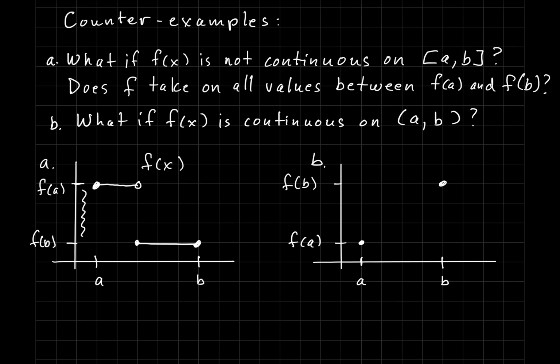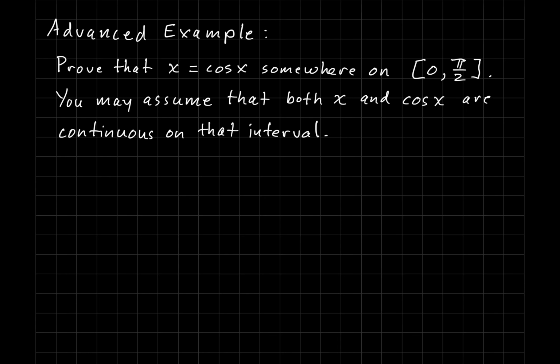Let's take a look at one advanced example, an application of the Intermediate Value Theorem. Let's prove that x equals cosine of x somewhere on the closed interval 0 to pi over 2. You may assume that both x, or any polynomial, and cosine of x or sine of x are continuous on any interval. Let's look at our proof down here.